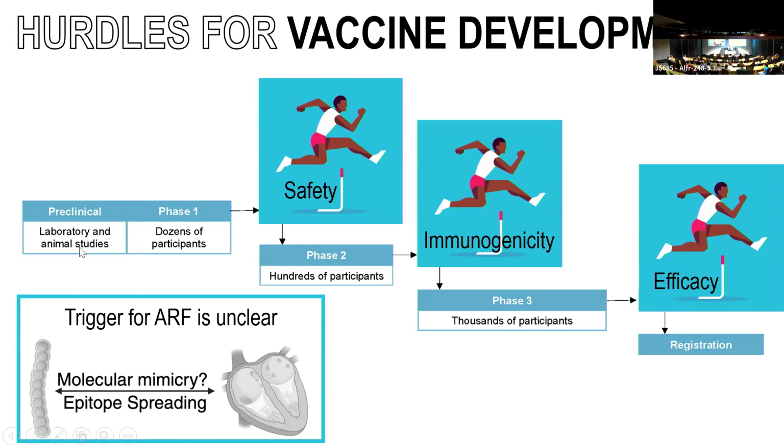And that continues to this day because the definitive molecular trigger for rheumatic fever is still unknown. Whether or not that is due to molecular mimicry, some bacterial molecules that mimic host tissue, or a bystander effect of the tissue damage that happens during infection remains unclear.